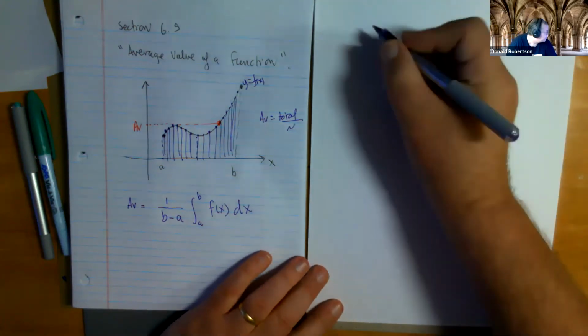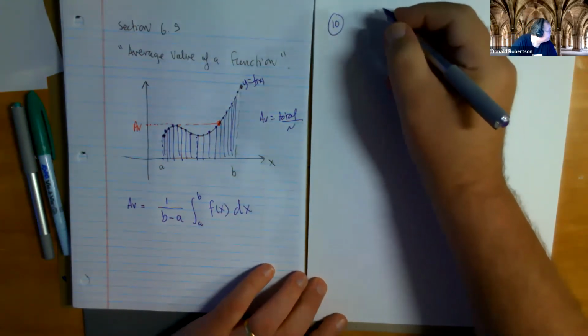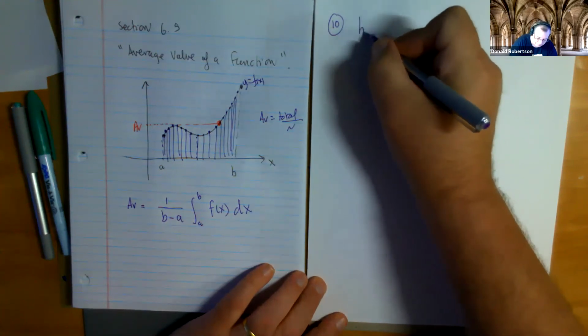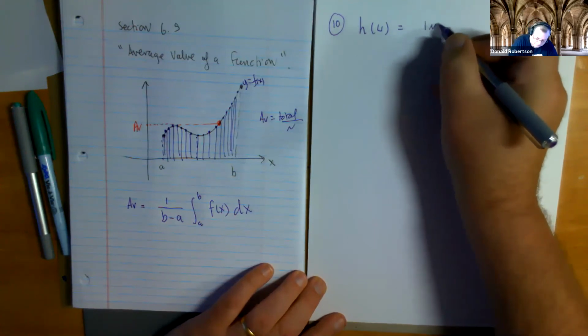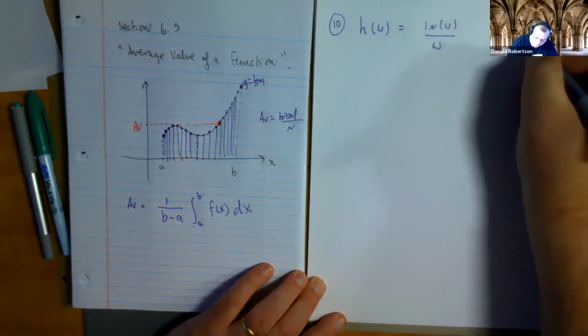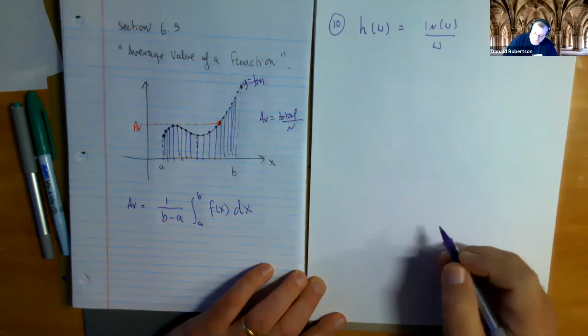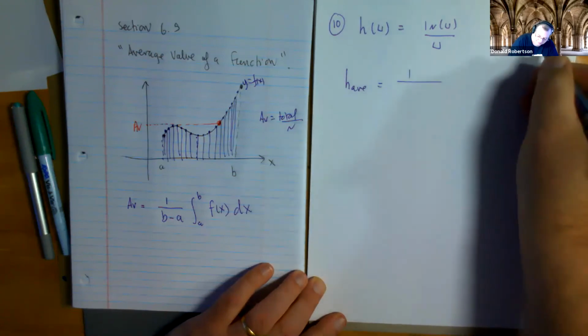Here's another one. This is like 10. Well, the average value is 5 take away 1.